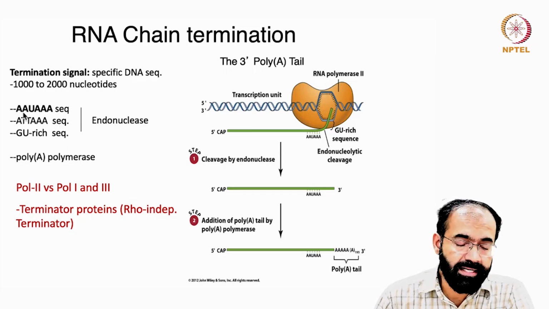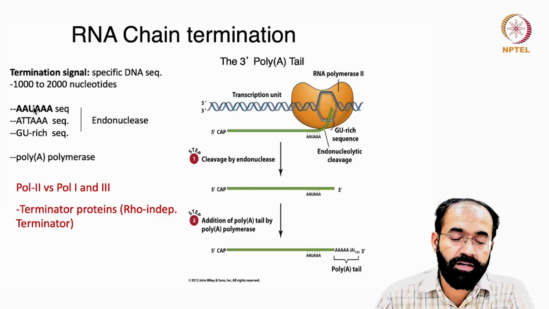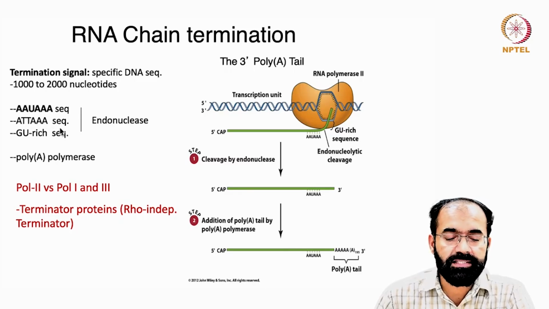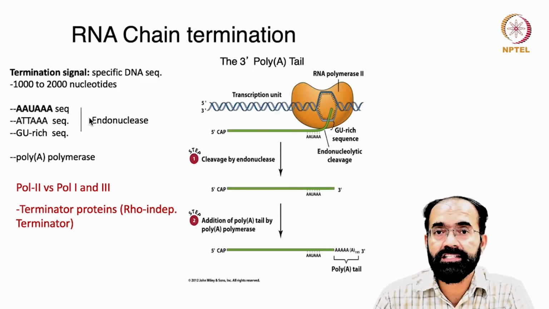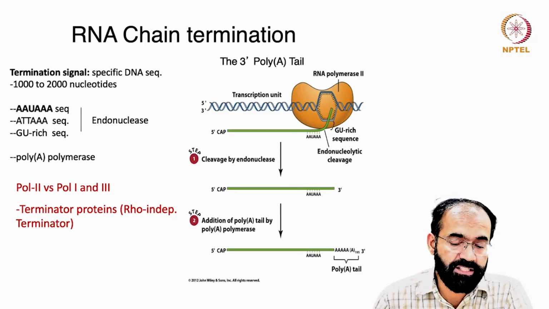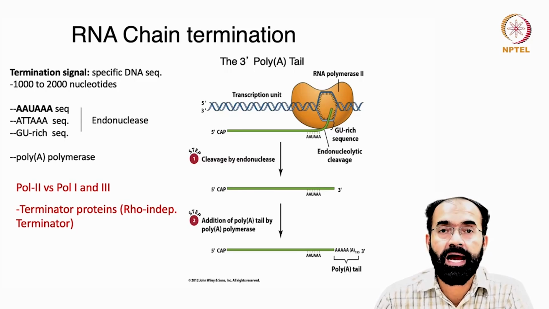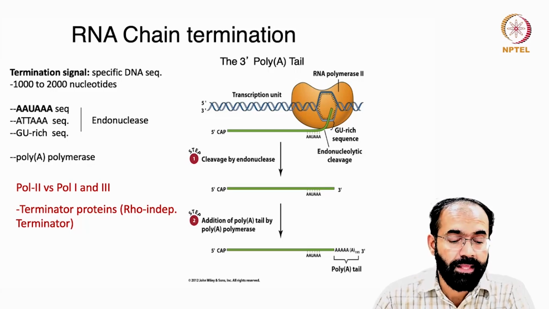So TT can be UU in the case of RNA: when it is in DNA it is T, when it is in RNA it is U. These sequences have to be present, and they will be recognized by the endonuclease so that it can cut at the specific location, so that the growing RNA can fall apart from the transcription bubble.